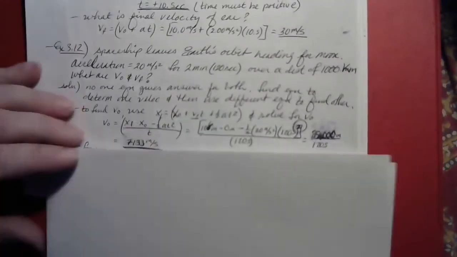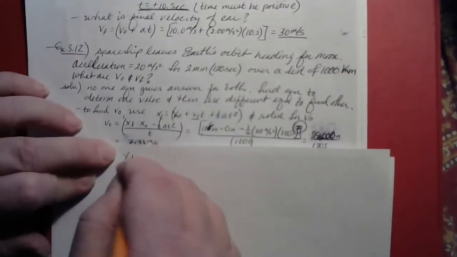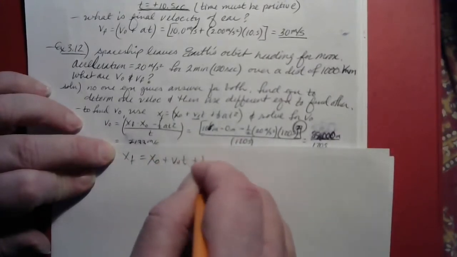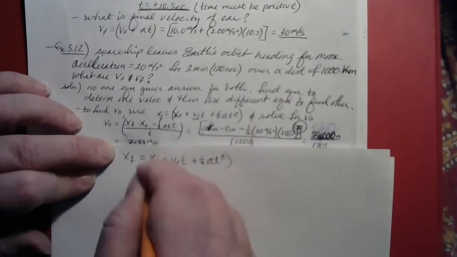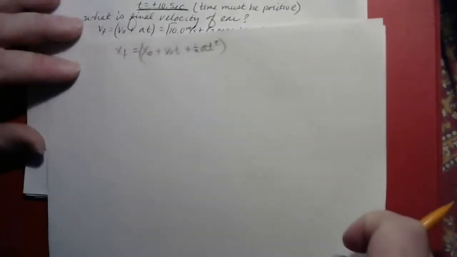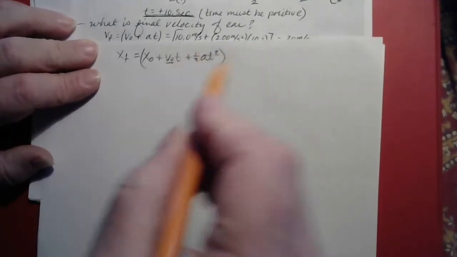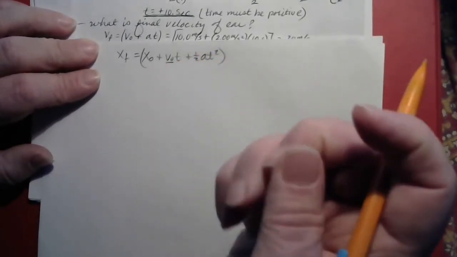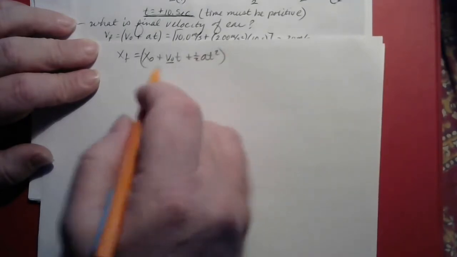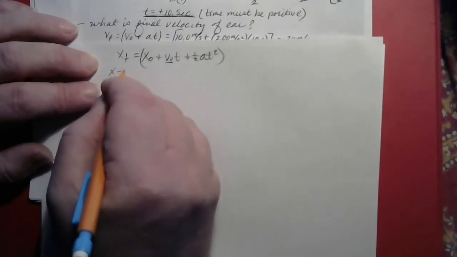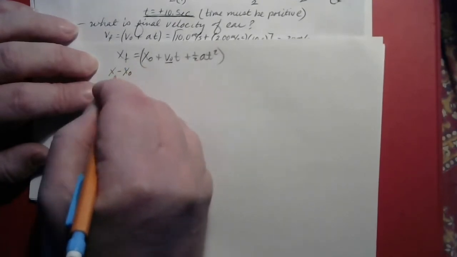So if you rearrange this equation to solve for v original, just as a review, we can show how this is done. The first thing you do would be get rid of the terms that are being added on the right-hand side. So you can bring x original over to the other side by subtracting it from both sides.